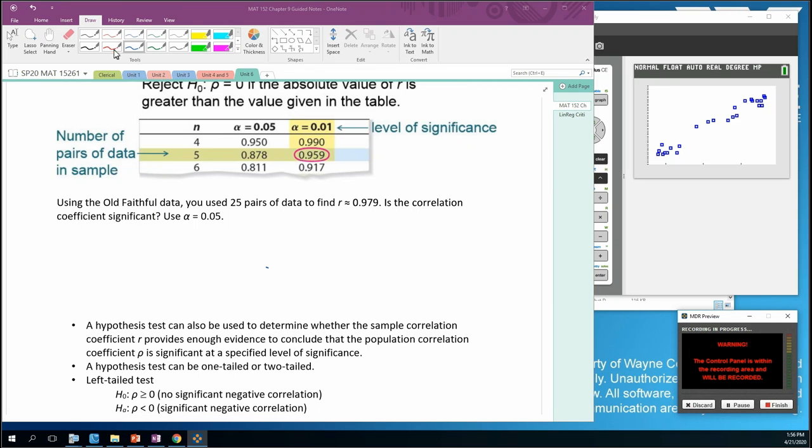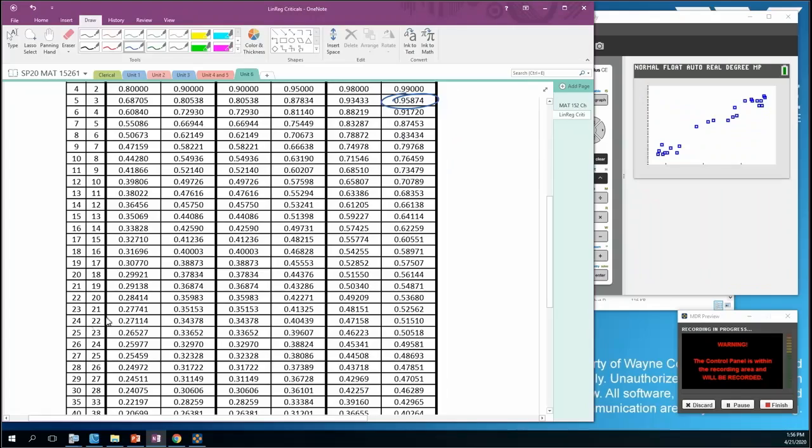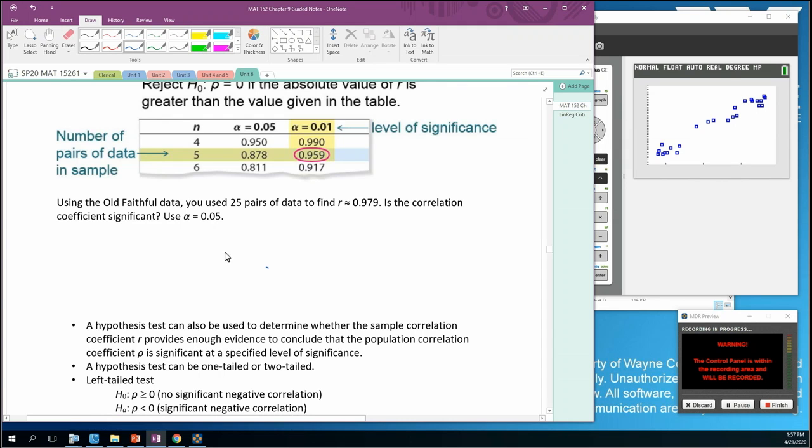So 25 pairs of data, and when alpha is 0.05, the critical value is 0.3365. And since r is obviously greater than the critical value, the correlation coefficient is significant.